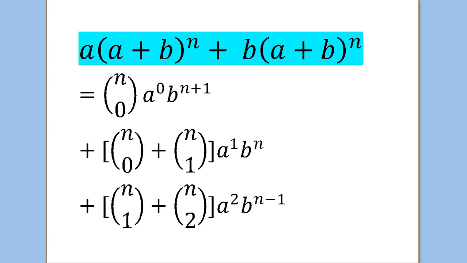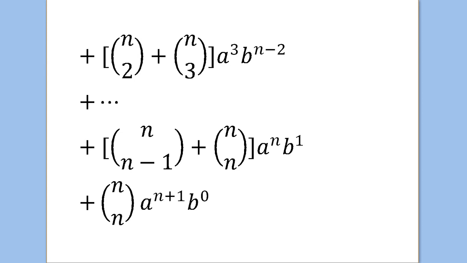So n choose 1, so 1 will be the power of a on the a to the 1 b to the n term. And then for the next one down, you've got n choose 2 as the highest number in the component on the left hand side. So the 2 there will be the power of a, and 3, etc. And keep going like that.